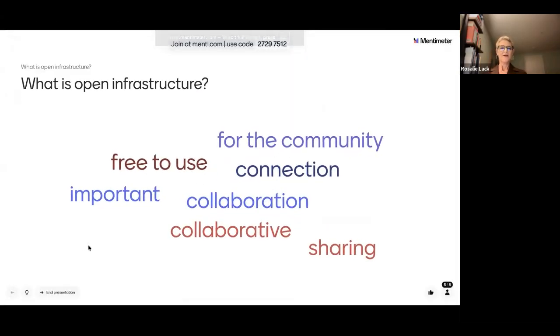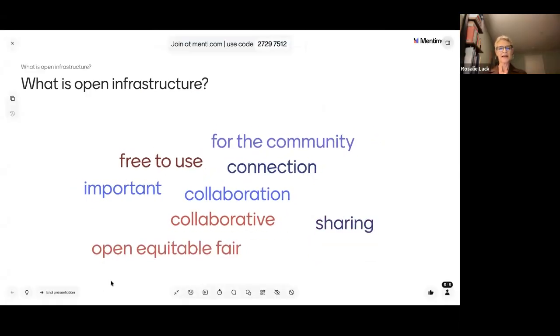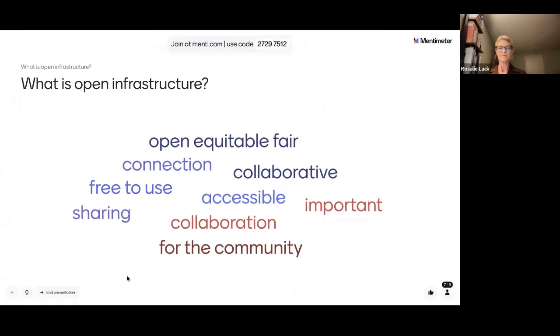Okay, great. I like these ones. Free to use, sharing, equitable, collaborative, important. I like that word, it's a good one. Connection for the community, sharing, accessible just came in.